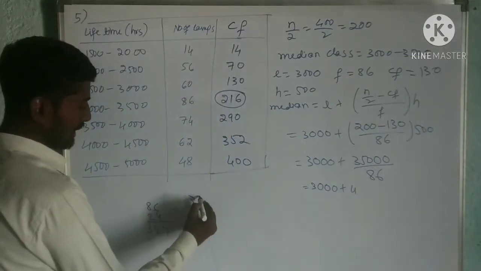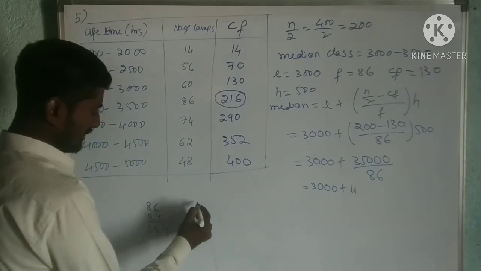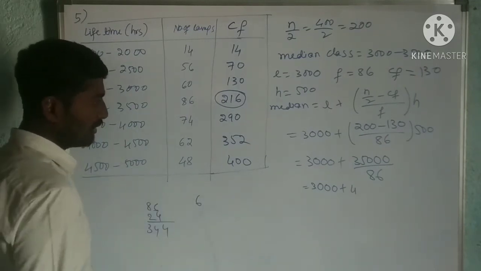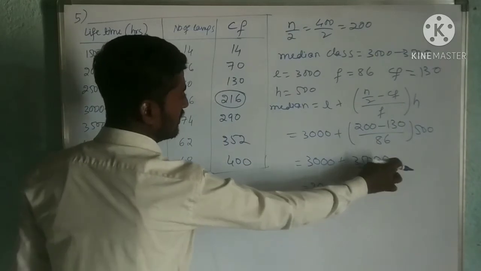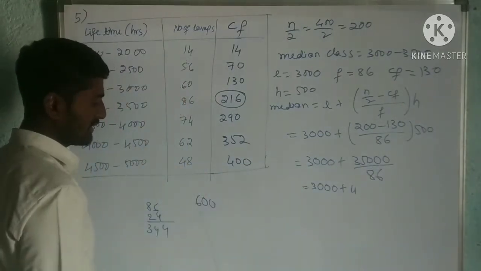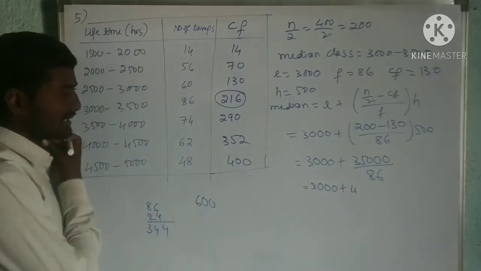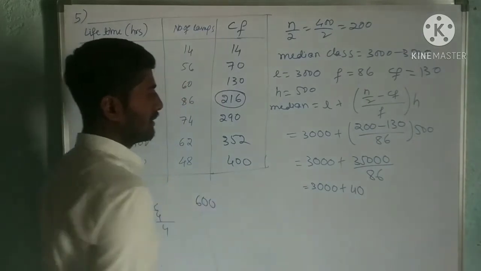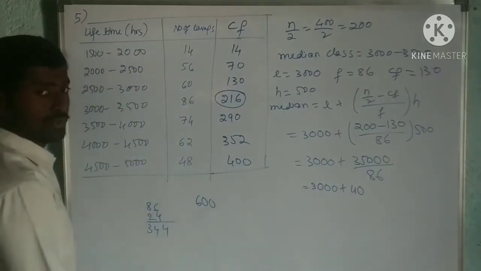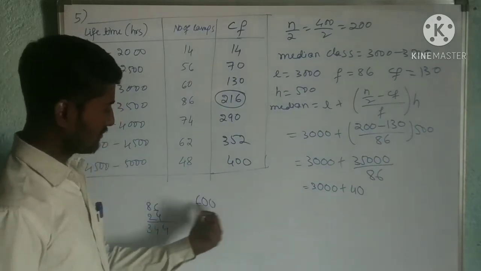Out of 350, 344 leaves a remainder of 6. Now we take the remaining zeros, so 600.